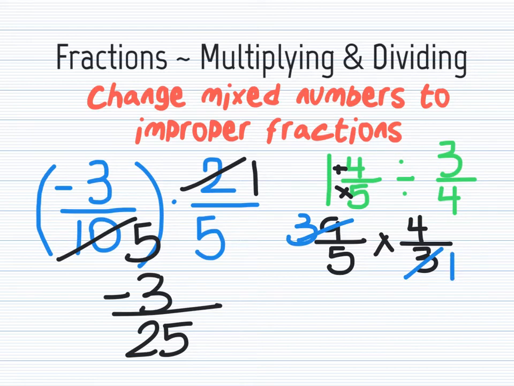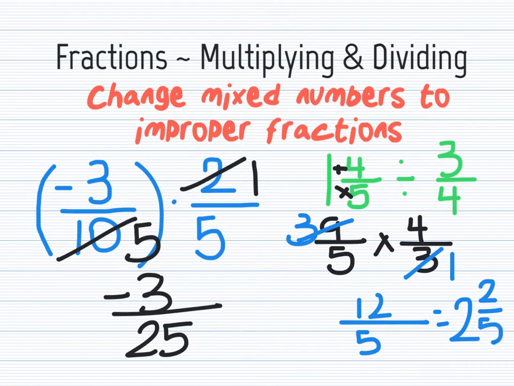And that's as far as I can go. Then I multiply my numerators. 3 times 4 is 12, and 5 times 1 is 5. And then you can rewrite that as a mixed number. 5 goes into 12 2 times, which brings you to a total of 10, which means that there are 2 left over, and your denominator always stays the same.